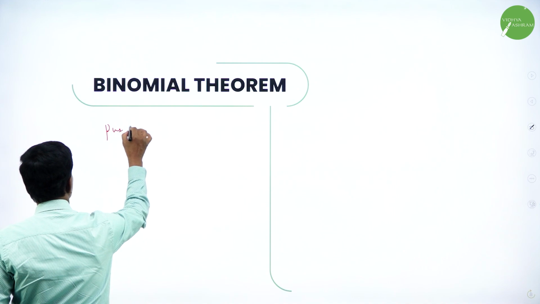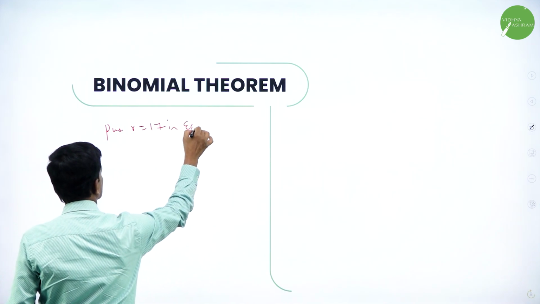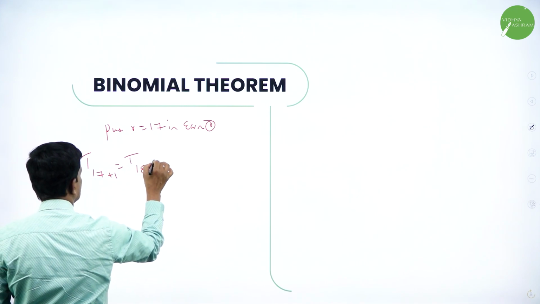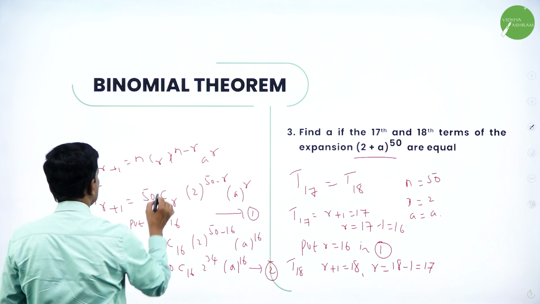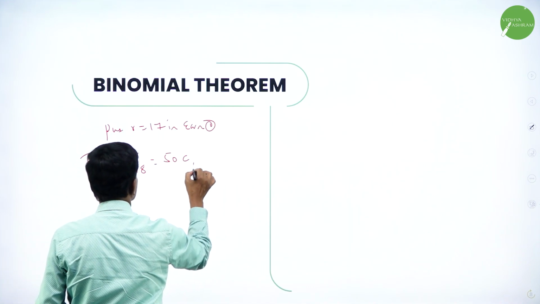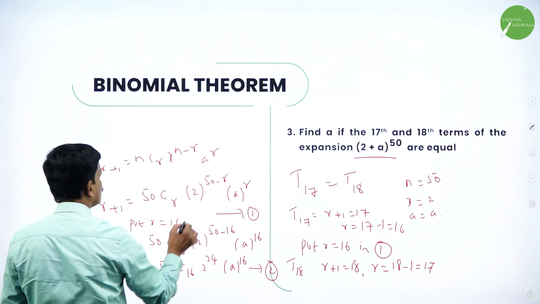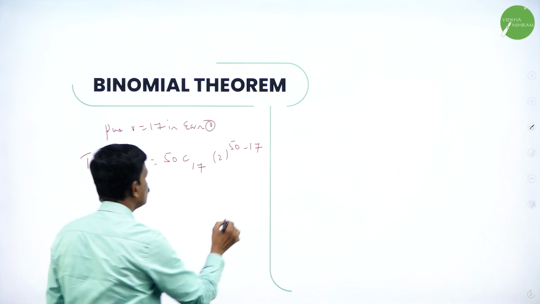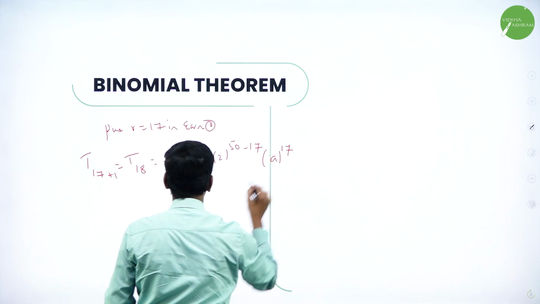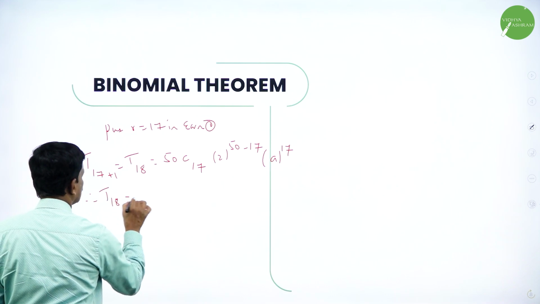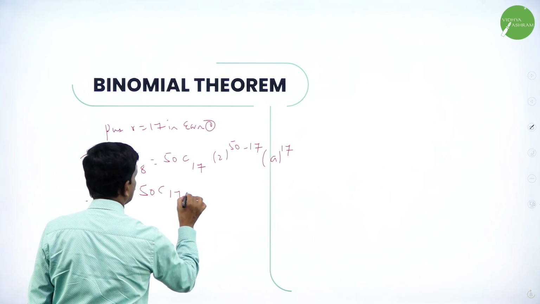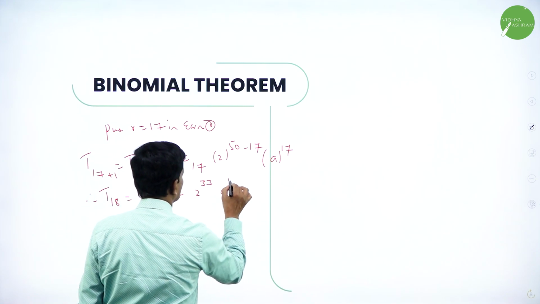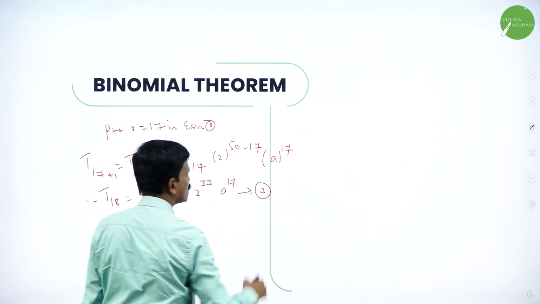What you will get? 17 plus 1, that is T18, is equal to 50C17, 2 to the power of 50 minus 17 into a to the power of 17. Therefore, the 18th term is equal to 50C17, 2 to the power of 50 minus 17 is 33, and a to the power of 17. Let us represent this as equation number 3.